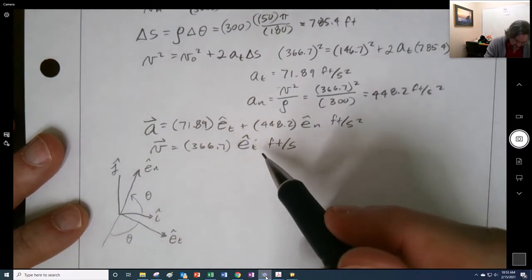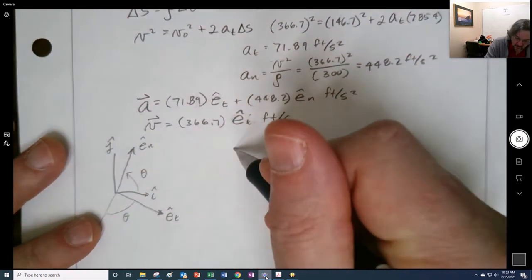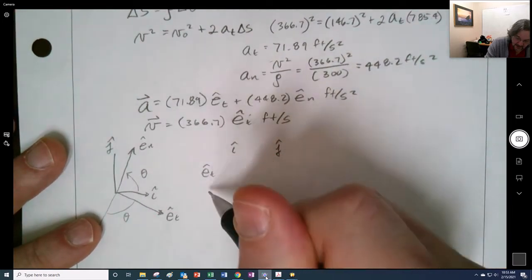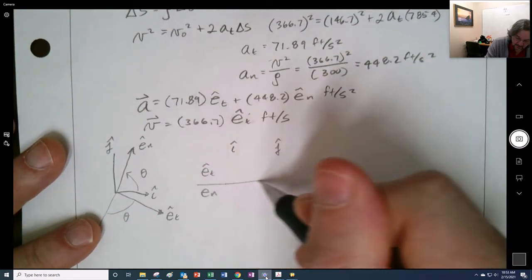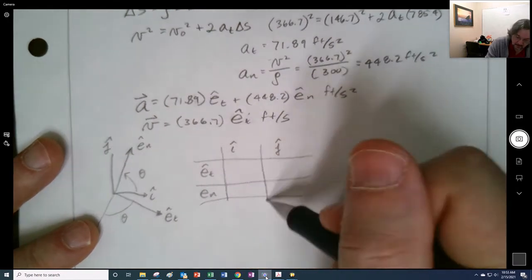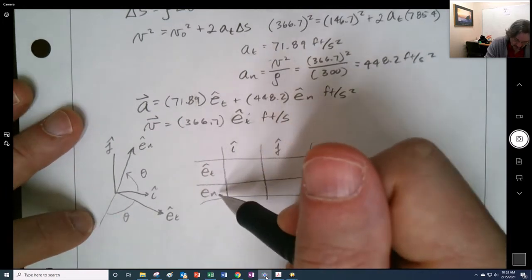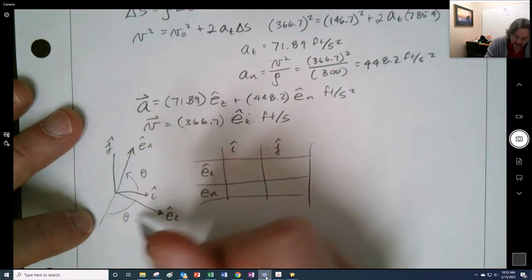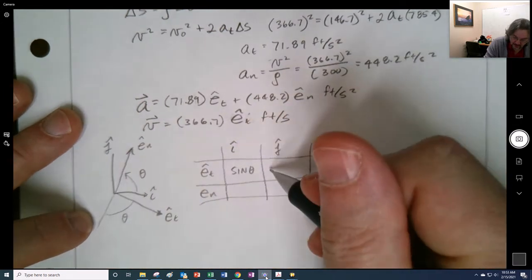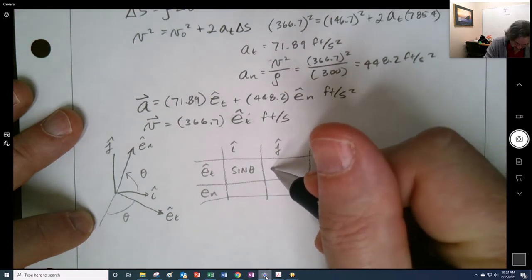So if we're going to build a coordinate transformation array, if we have i and j and e_t and e_n right in there, we take the e_t and we would see that we're going to have the sine of this angle, and it's going to be the negative of the cosine of that angle.